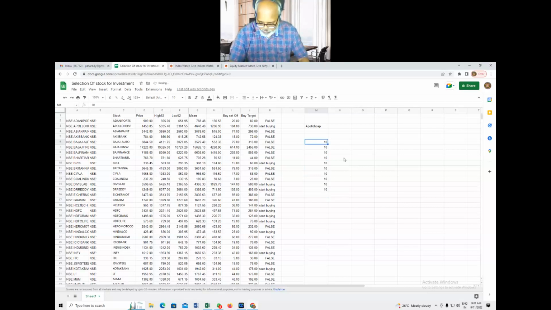These are the 10 steps in which I'm going to buy, accumulating in this fashion. So 100 is the quantity. This is the buy quantity. This is the buy price.